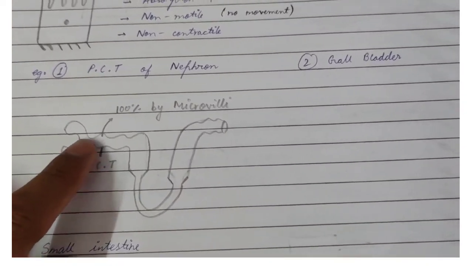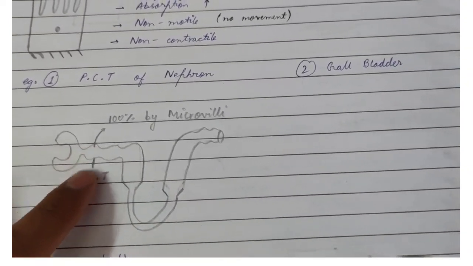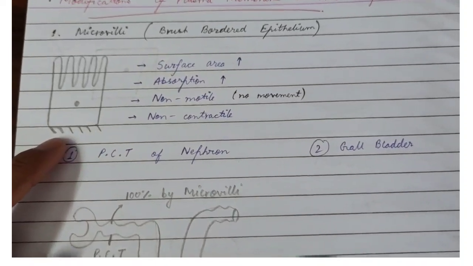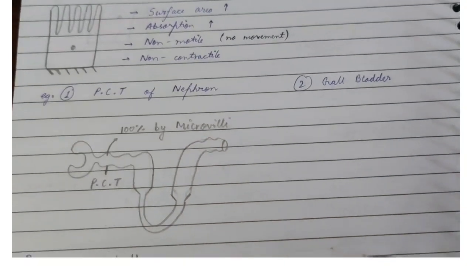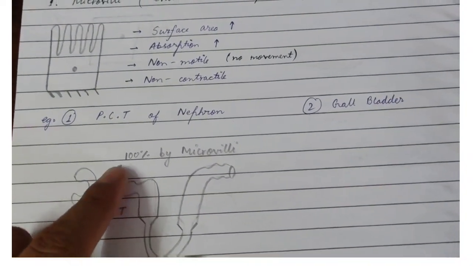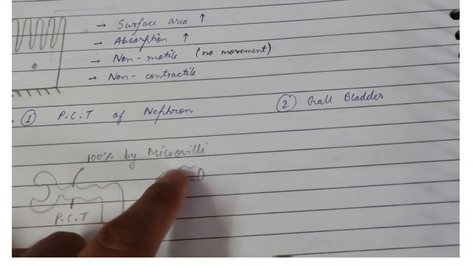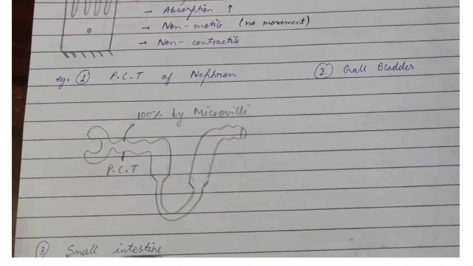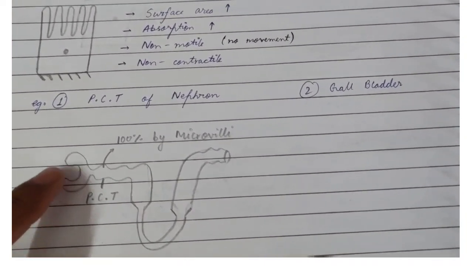These also get filtered through Bowman's capsule and get into the PCT. Here, these microvilli or brush border epithelium cells are present. They increase the area of absorption, so there is 100% absorption by microvilli. So important nutrients get absorbed by the microvilli here. Okay, so one example is this.